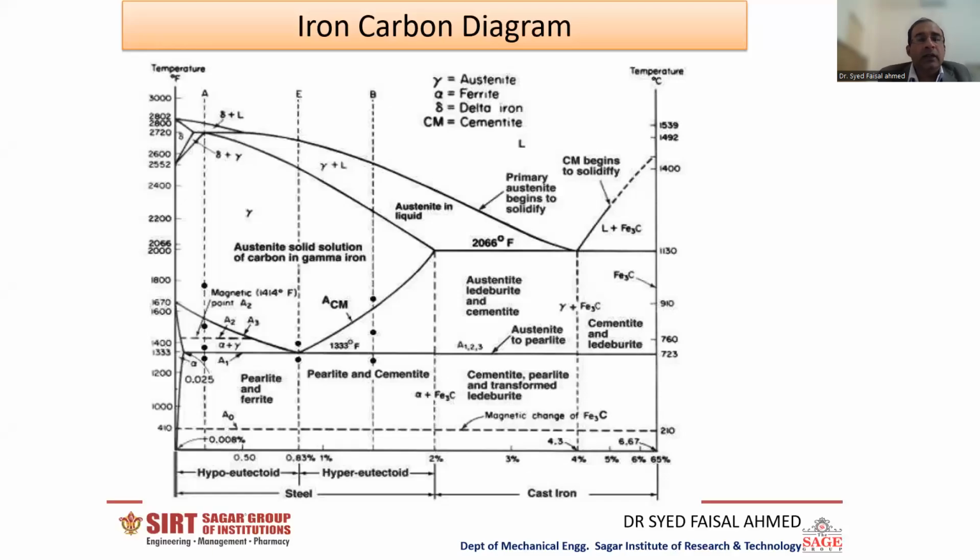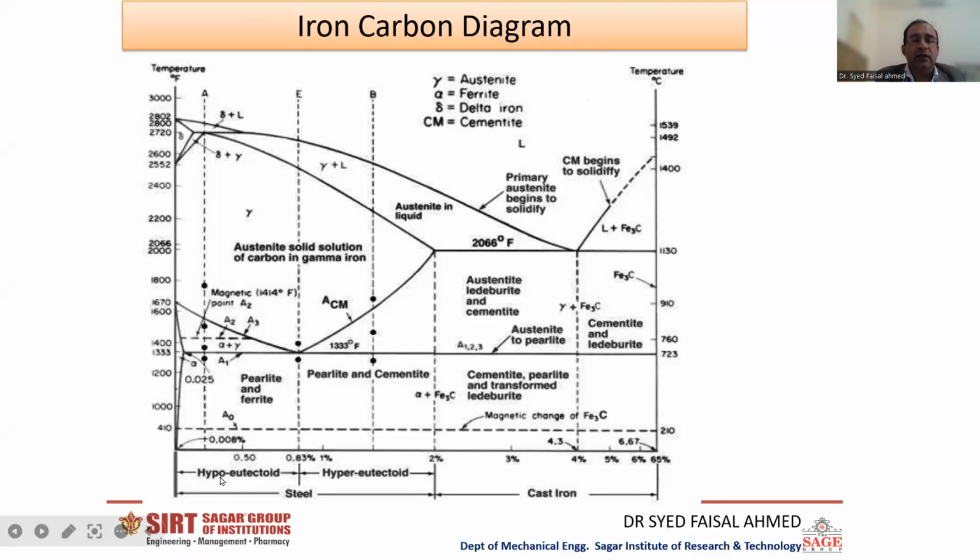Here we are using, you can see on the x-axis the percentage of carbon, whereas on the y-axis is the temperature scale in degrees Fahrenheit. On my right is the temperature scale in degrees centigrade on the y-axis.